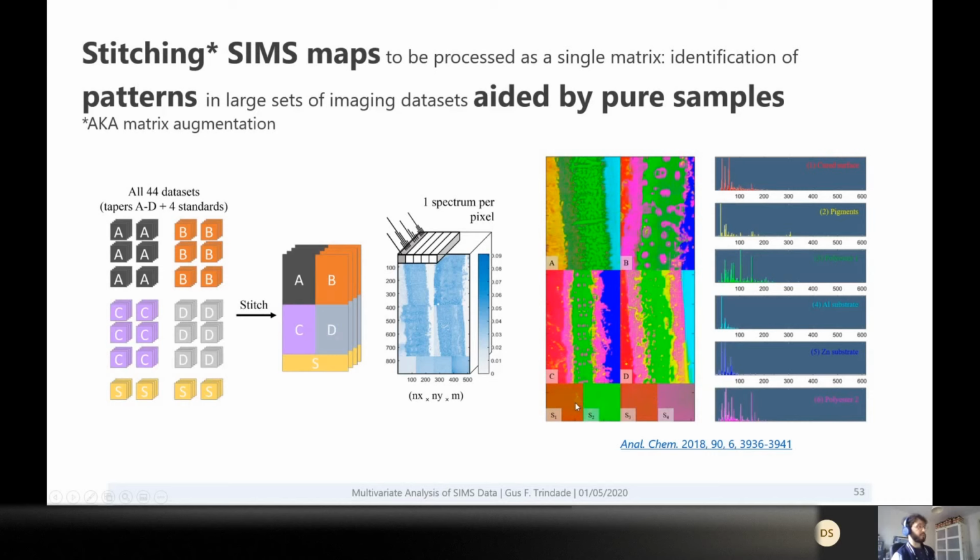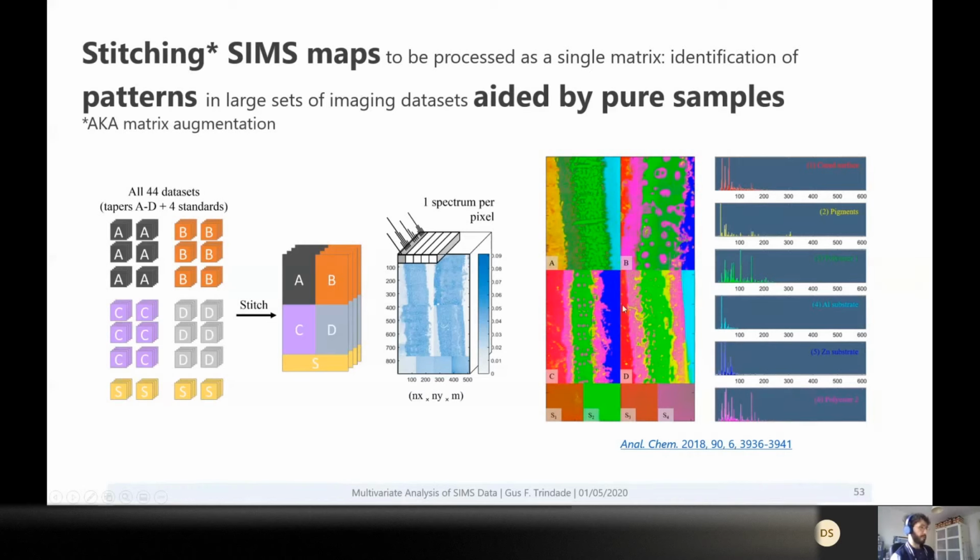And that helps a lot, because even though it's unsupervised, we are helping the analysis by giving pure signals. It's quite likely that if you add something very homogeneous and pure, one of the end members will be there, because all pixels there have the same chemistry. So it's quite strong in terms of the variance.